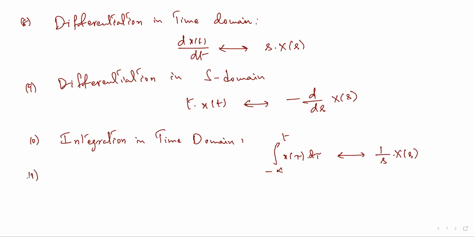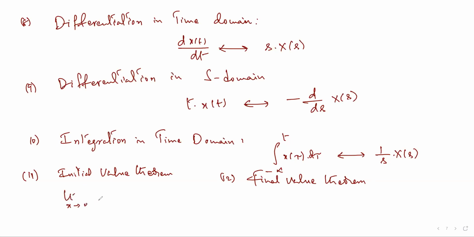Finally, initial value and final value theorems. Initial value theorem says that x of 0, so x of t at t tending to 0, that is x of 0, is limit s tends to infinity of s into X of s.